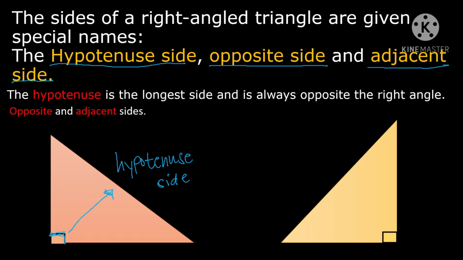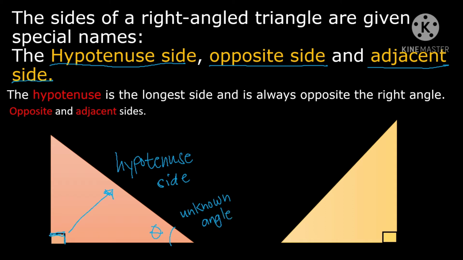The opposite and adjacent sides naman depends on your reference angle. Example, ang reference angle nyo ay andito. Let's say this is theta. So, ang theta, it is used for the unknown angle. Para lang naman siyang variable.